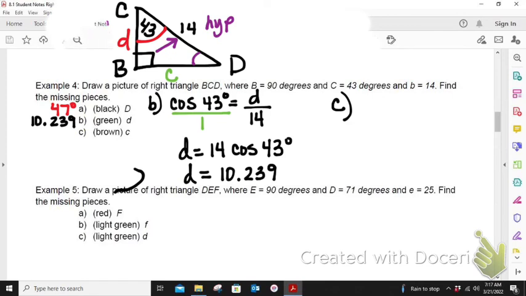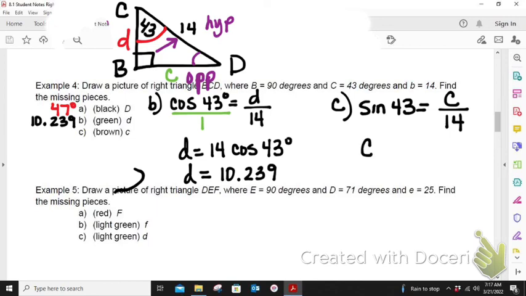Okay. So what is c? It's opposite. And I know the hypotenuse, so what ratio am I going to use? So we're going to use the sine of 43 equals opposite over hypotenuse.